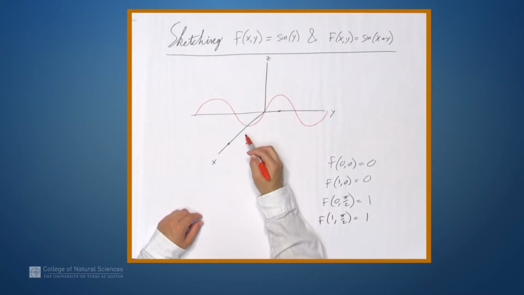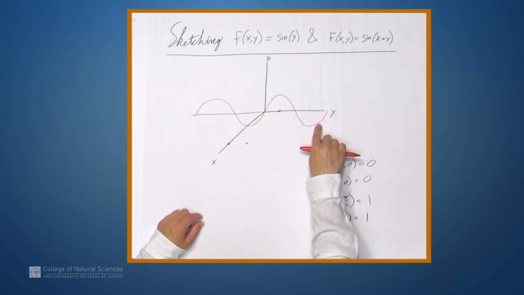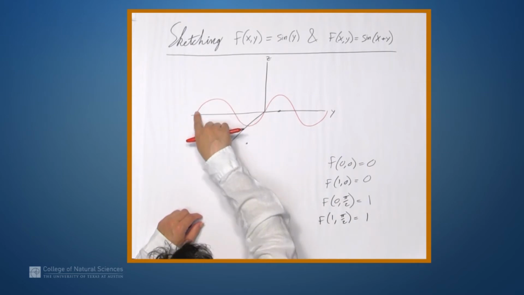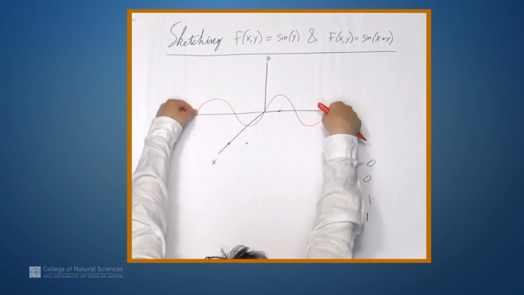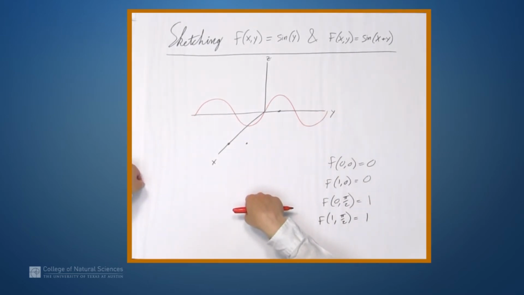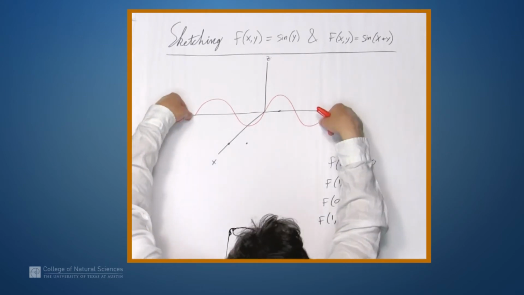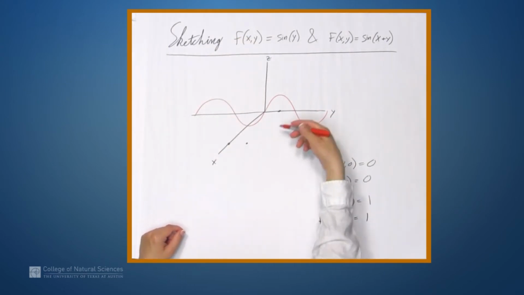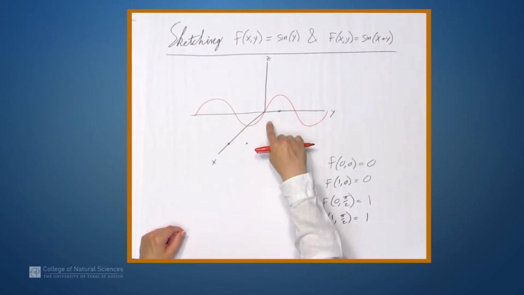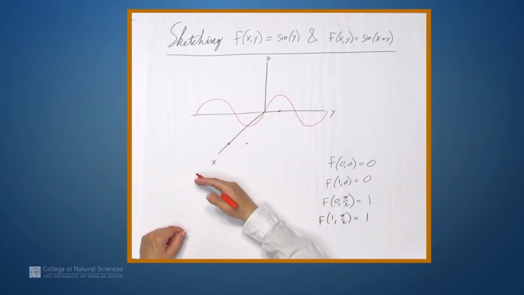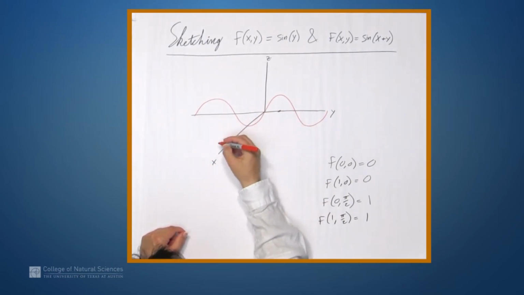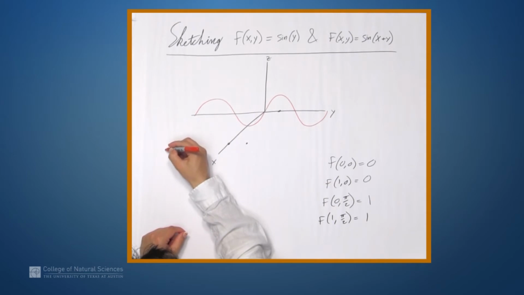To get the rest of the graph, therefore, from this single sketch of a one-dimensional curve, we take this curve and we pull it along the x-axis in this direction, and we pull it along the x-axis in the negative x-axis direction. We fill in all these values because x doesn't matter. So let's sketch this.